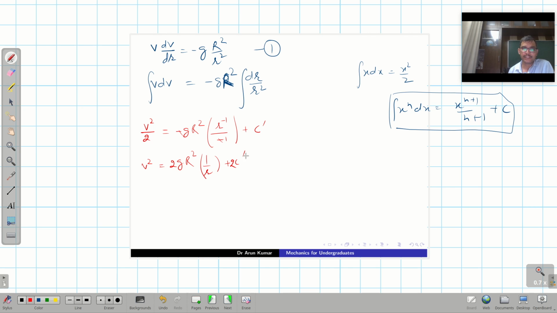So this can be simply written as c. So it is v square is equal to 2gR square over r plus some constant c. So this is the equation which we are getting. Now our objective is to determine this constant of integration.